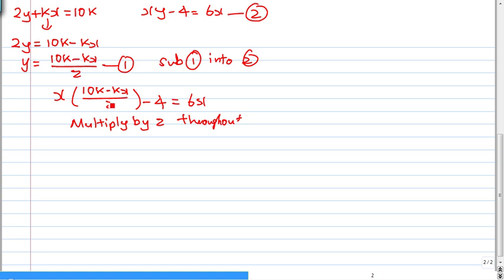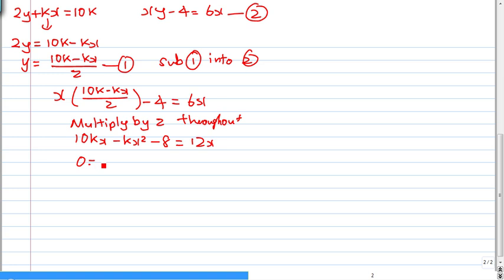Once I've multiplied by 2, x times 10k will give me 10kx. x times minus kx will give me minus kx squared. Minus 4 times 2 will give me minus 8. 6x times 2 will give me 12x. Alright, so rearrange it, or rather bring everything to the right hand side of the equation.